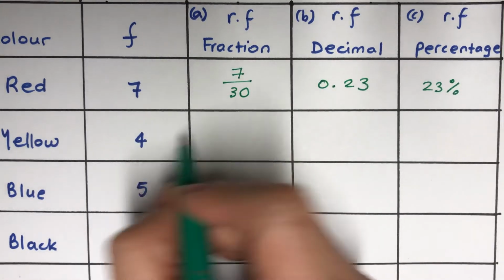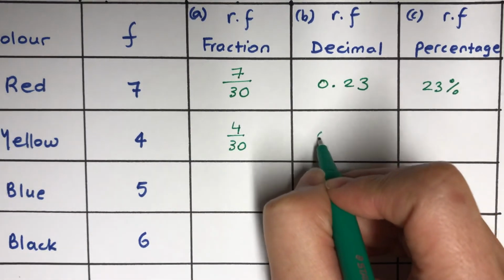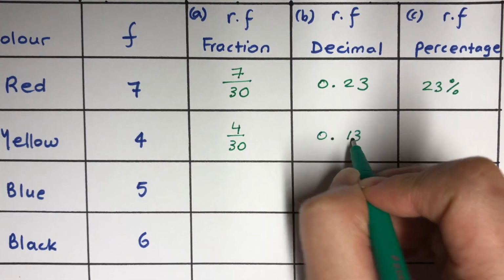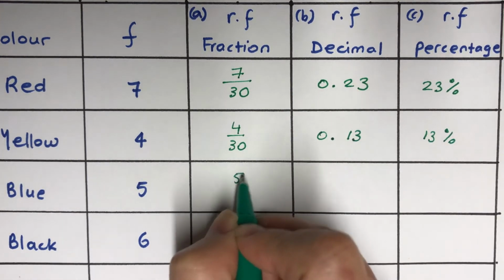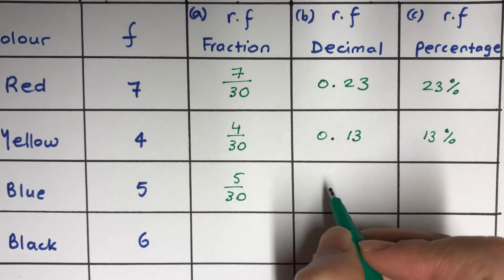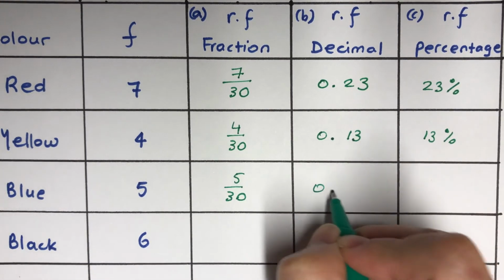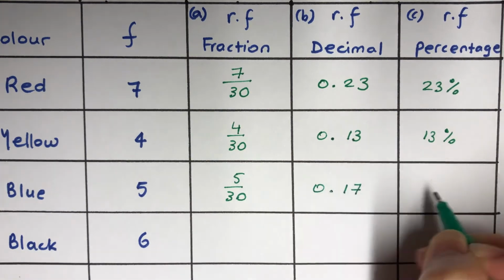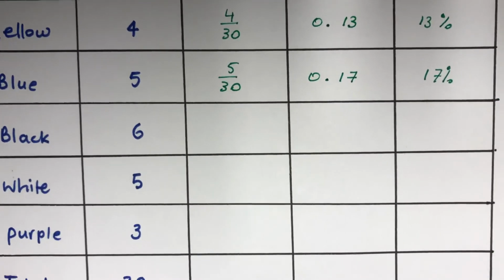Okay, so this one will be 4 over 30. I am not going to simplify this. So if you want, you can do that. And then 13%, 5 over 30. And if you're dying to simplify this, 1 over 6, go ahead. I wouldn't really mind at all. 17%. And I'm going to push up a little bit.